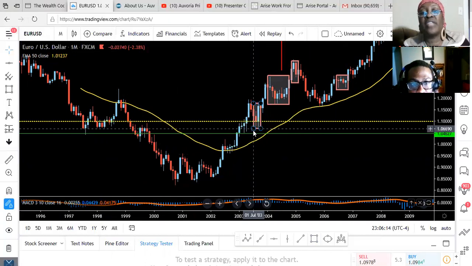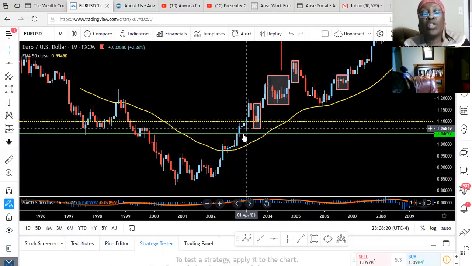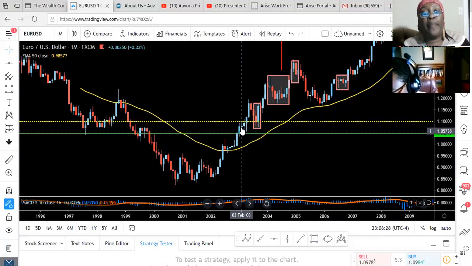Now, most of the time, you'll see a doji a few candles before an engulfing candle. So here, for instance, you've got a bullish doji. This doesn't always happen, but a doji in and of itself tells you that a reversal is coming.